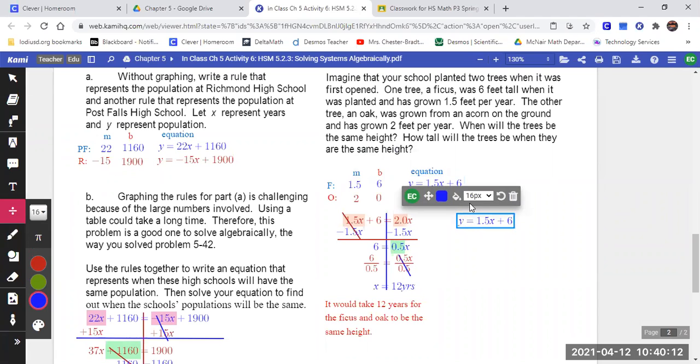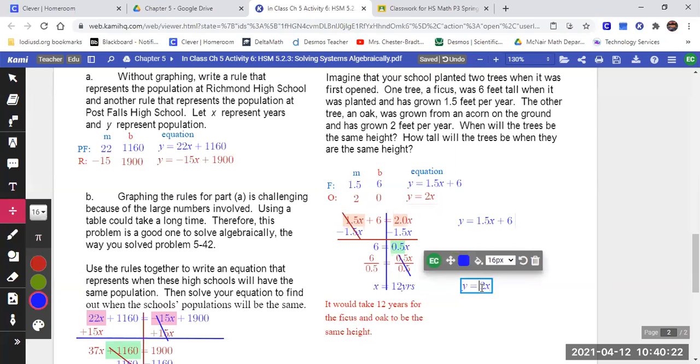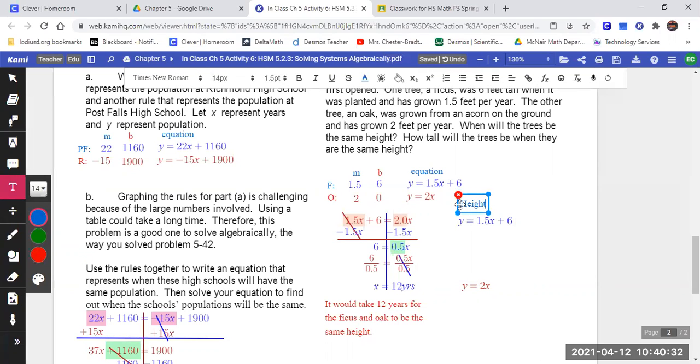Okay. So ficus for height. Let me get this one piece on here. You guys are going to finish this before noon, but I want to get this piece written on here for you. Okay, so this is going to be height. This is going to be your check.